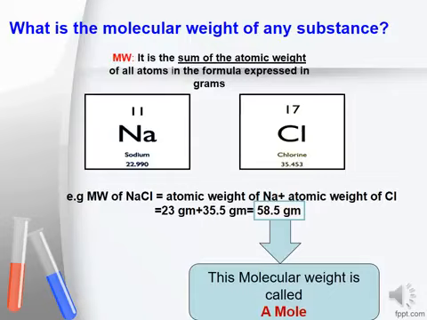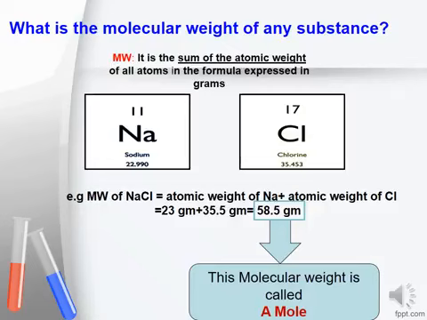It will be 58.5. Then 58.5 is the molecular weight of sodium chloride. So, can we remove molecular weight and replace it by a mole? A mole, then the molecular weight can be expressed in the form of a mole.